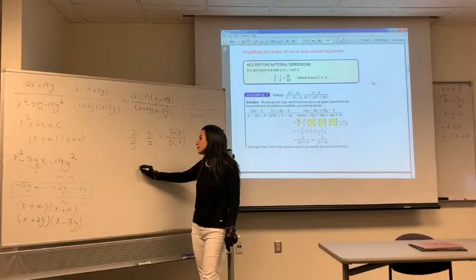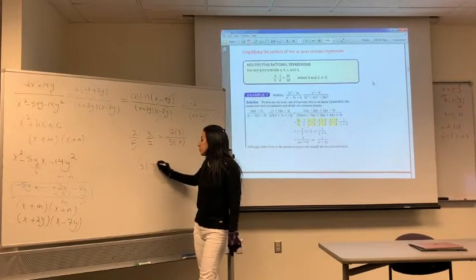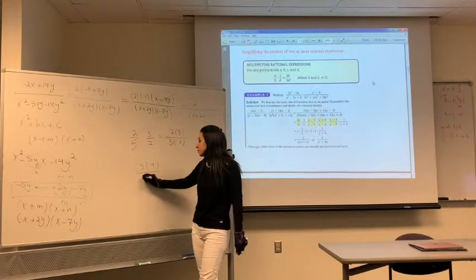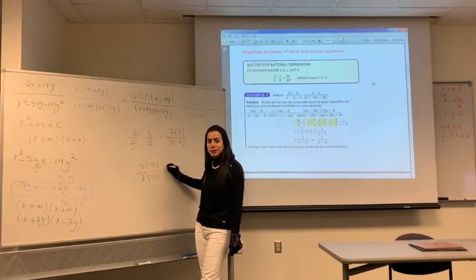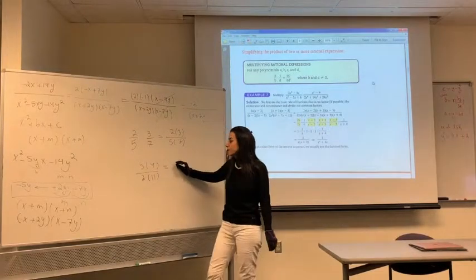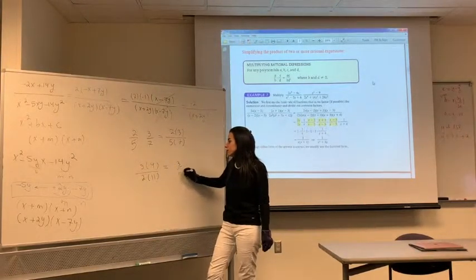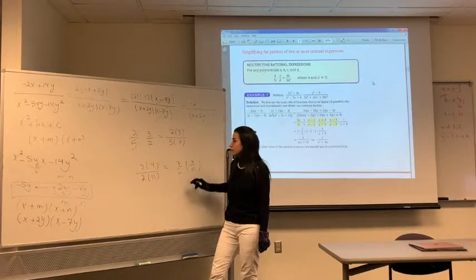If we had, for example, 3 multiplies 4 divided by, let's say, 2 multiplies 11, something in this form, we could separate them. Correct? We could separate them and say, okay, 3 divided by 2 multiplies 4 divided by 11.